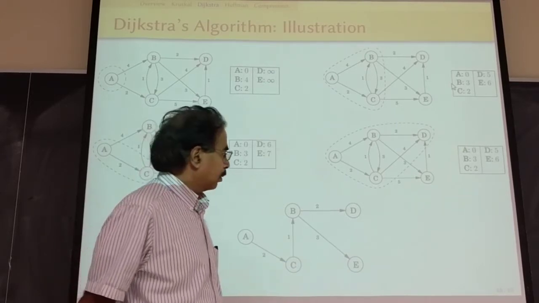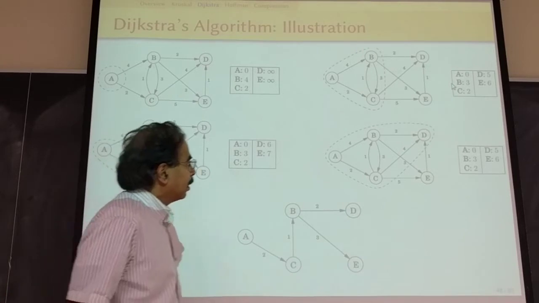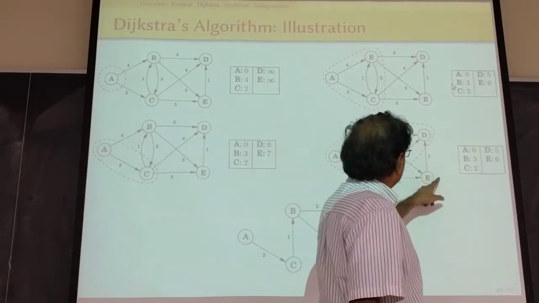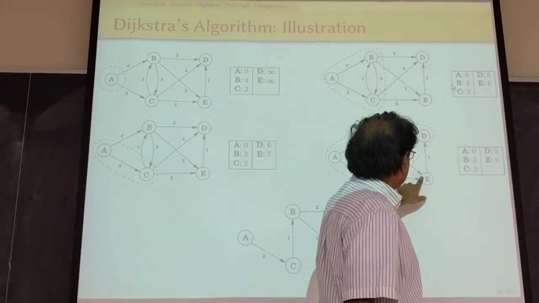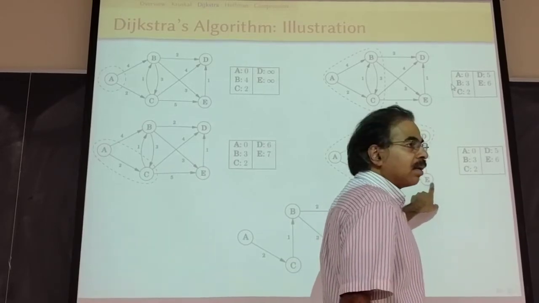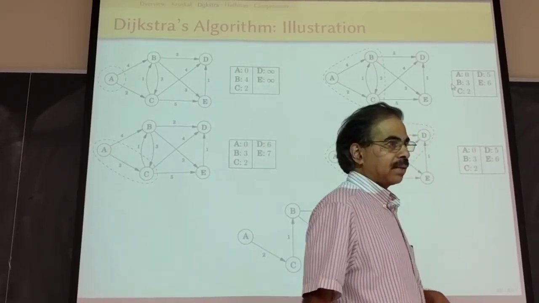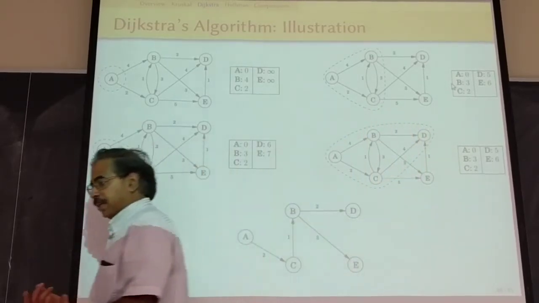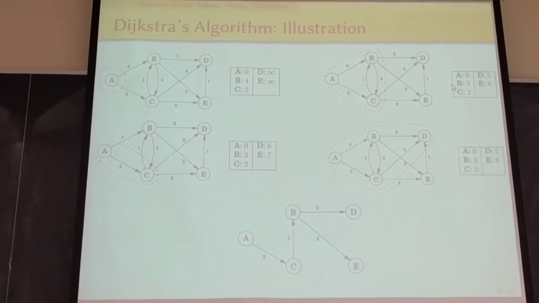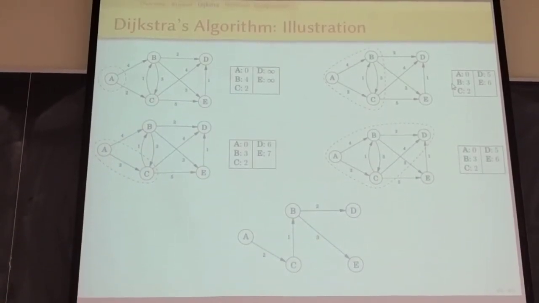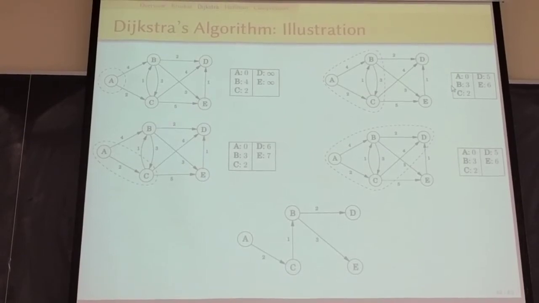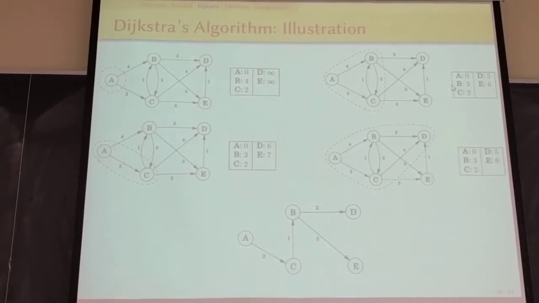Correct. If you go to the very last step, you will add E to the explored set, right? But at that point, because it's the last vertex being added, there actually cannot be anything more whose distance is going to be reduced.